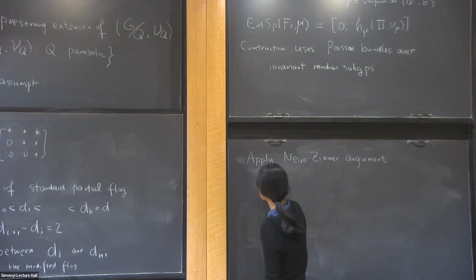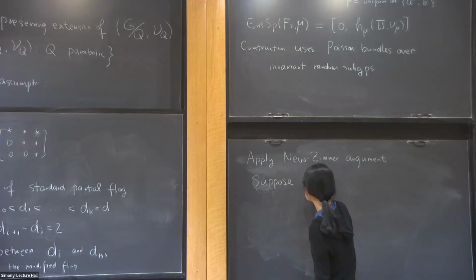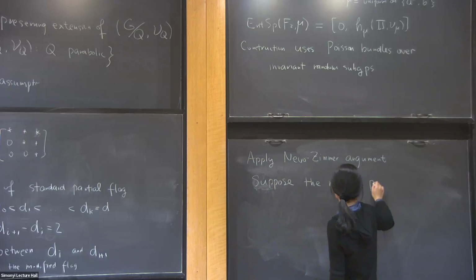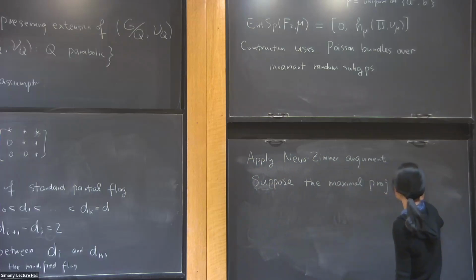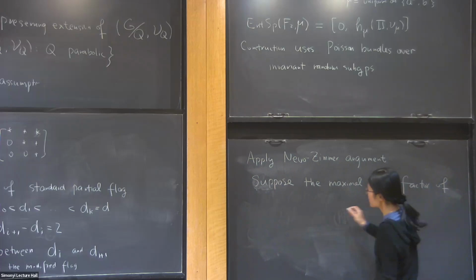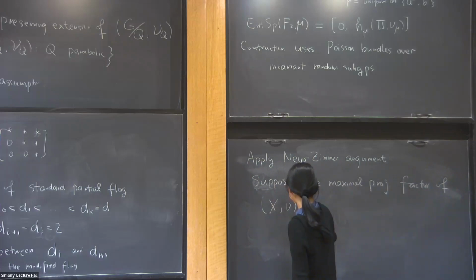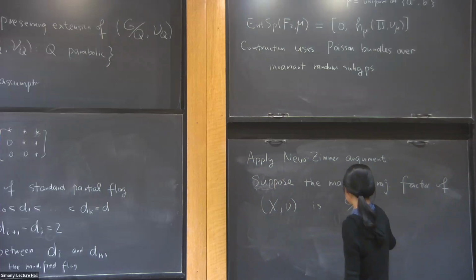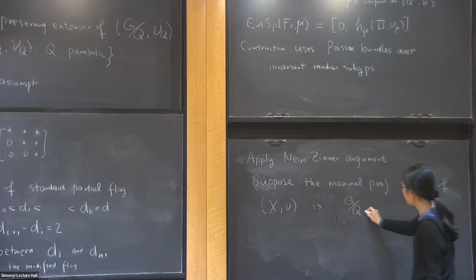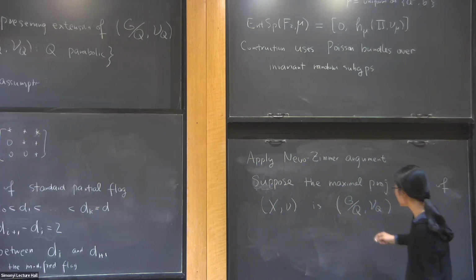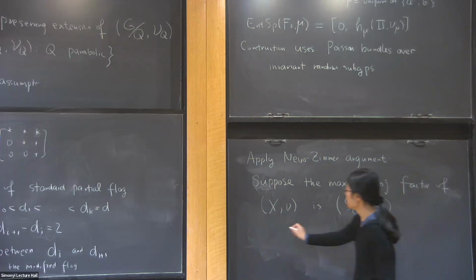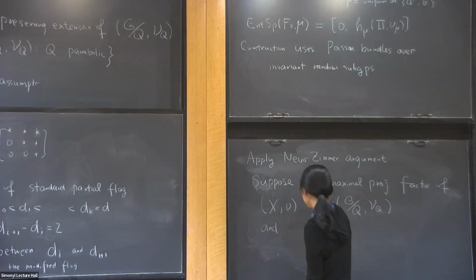Suppose the maximal projective factor of X, nu, is G mod Q. Such a maximal one exists, and it's unique if you choose it in the standard form. And moreover, this Q has no 2x2 blocks.